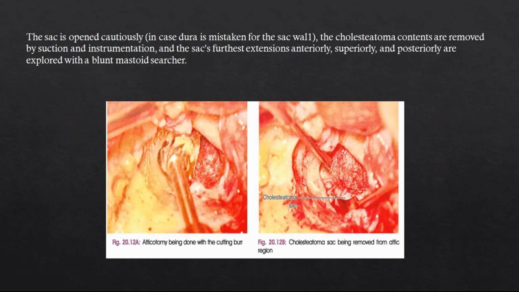But if it is the dura, the tegmen bone is already eroded, so there won't be any bony resistance. You will get a soft feeling, which means it is the dura. No need to incise; if you incise, it will bleed profusely. If you get a hard feeling on pressing the sac, then definitely it is a cholesteatoma sac.